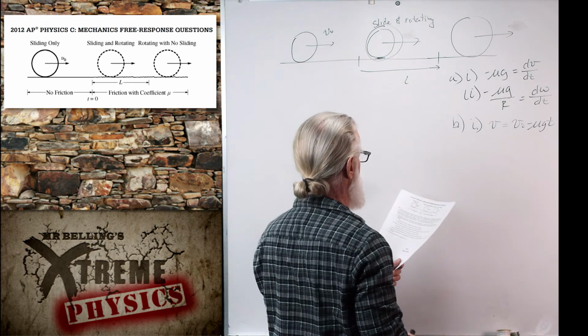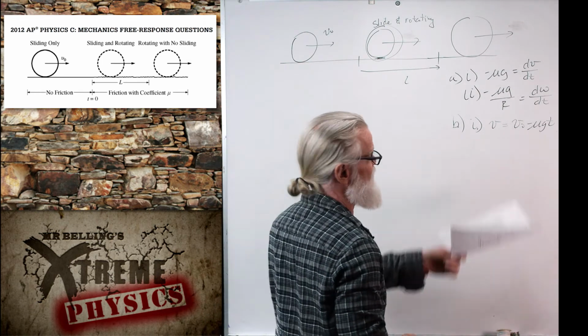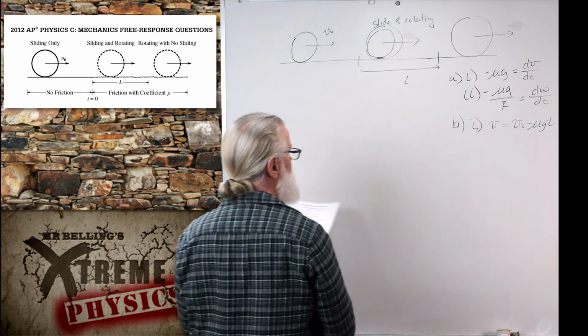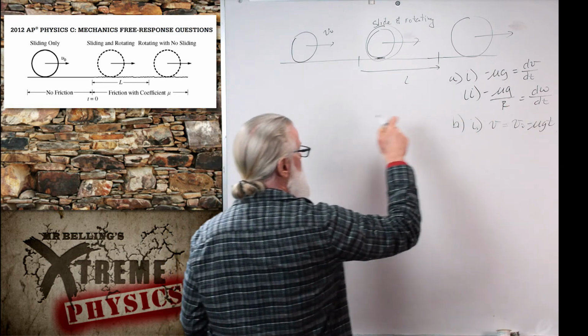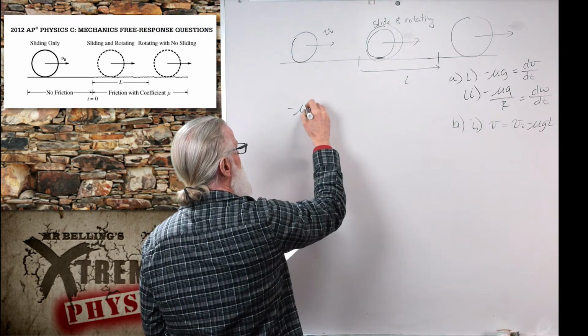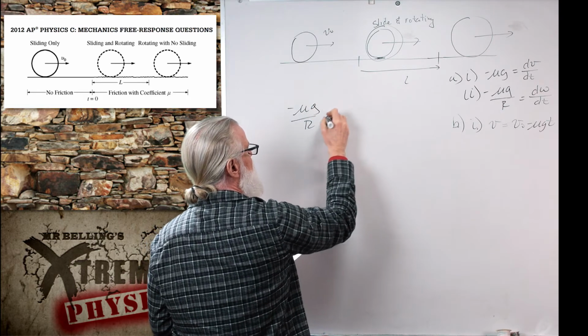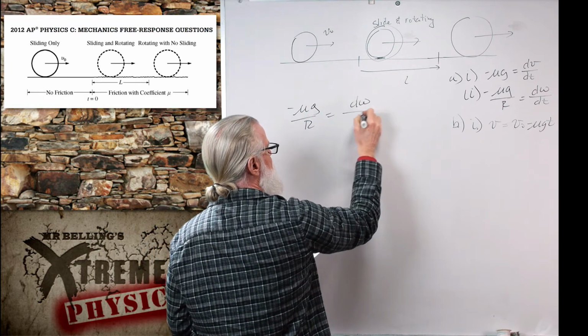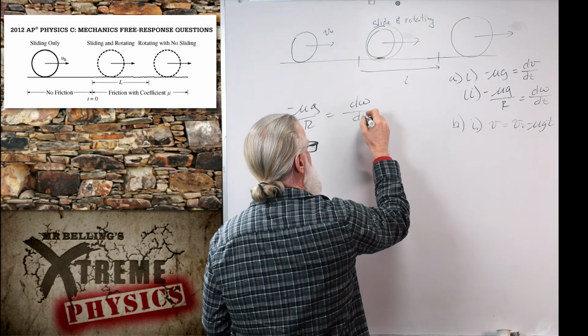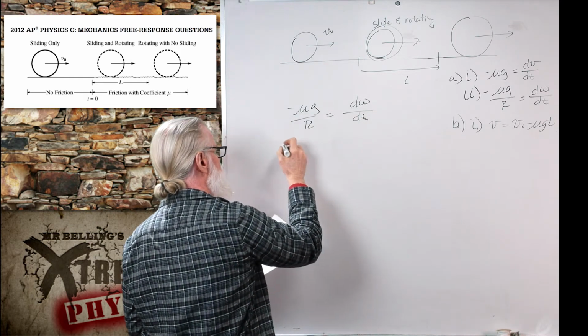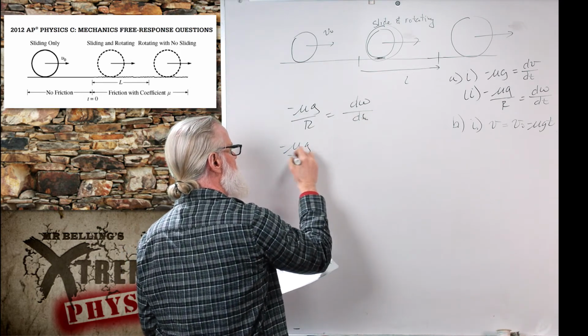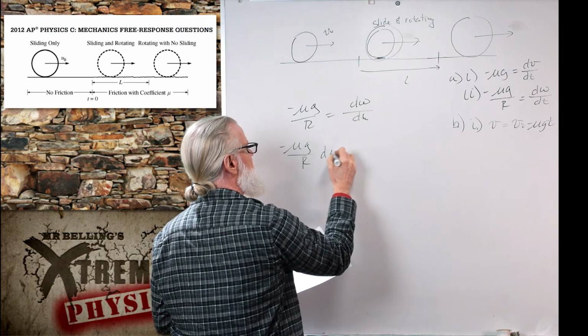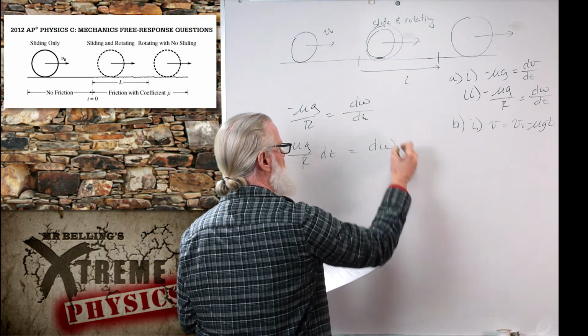The angular velocity. We got to find that now. I think I'll solve that differential equation. Separate the variables. I started off with minus mu g over r equals d omega dt. Let's break up this fraction, bring dt over here. Minus mu g over r dt equals d omega.